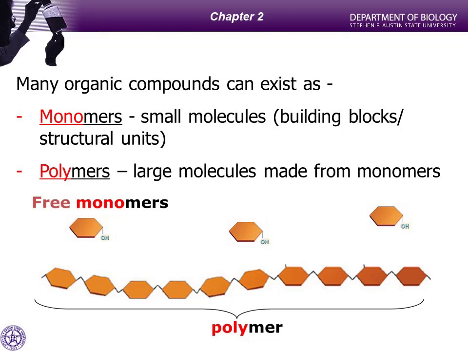But these things that you can link together, well, that's what we're doing here. These individual building blocks are called monomers, mono meaning one. And you can link them together in these long chains of molecules that we refer to as polymers. Poly means many.